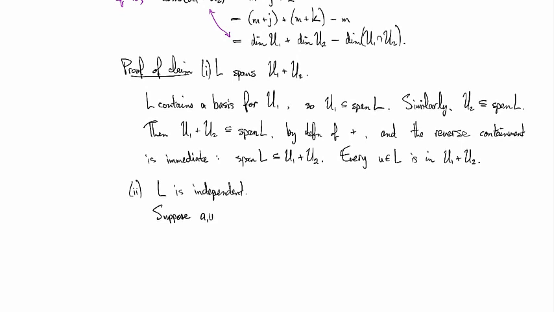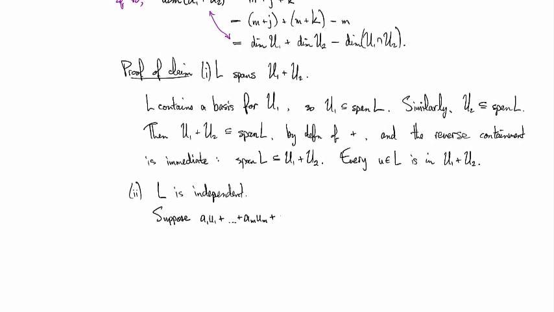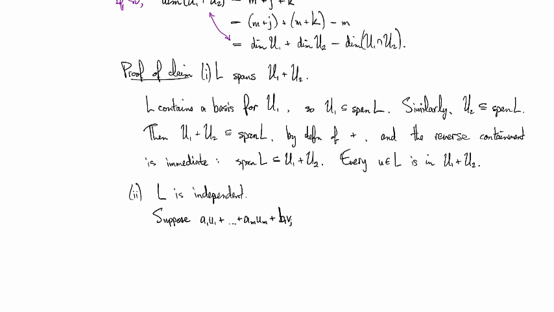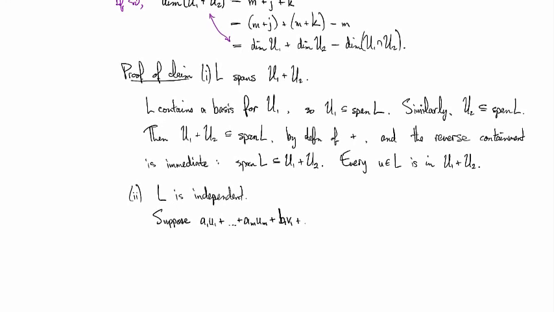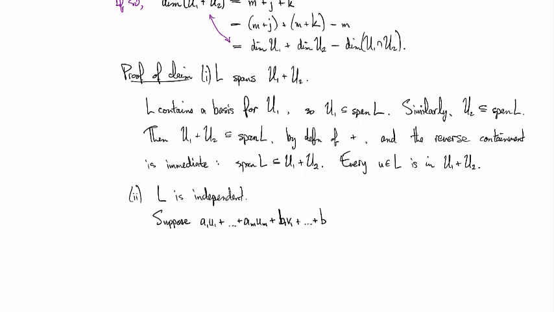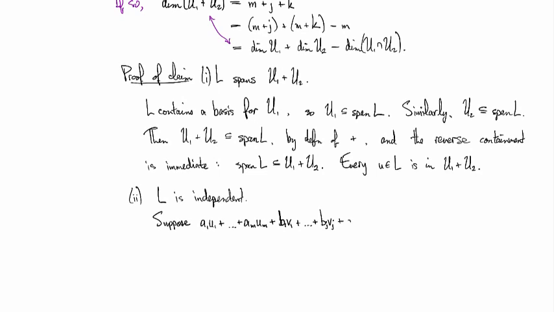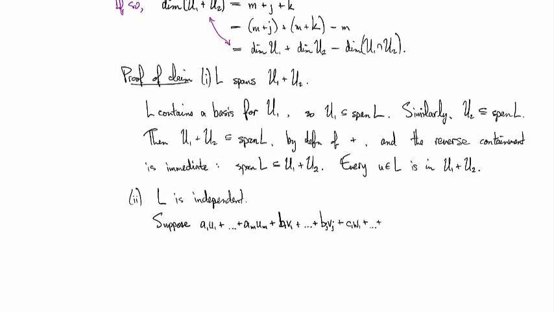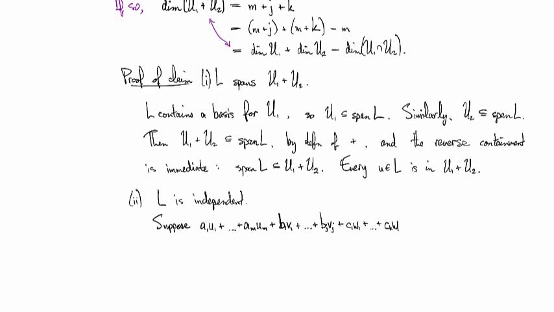So we've got a1 u1, so a linear combination of the u's and a linear combination of the v's and a linear combination of the w's.